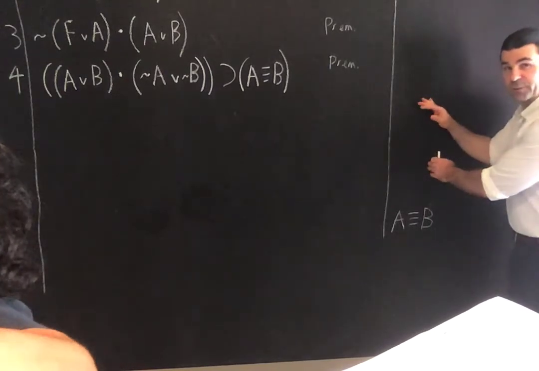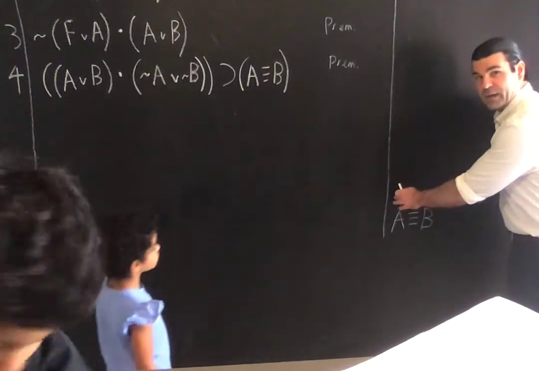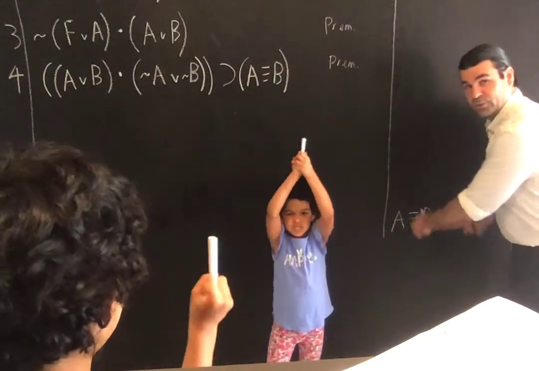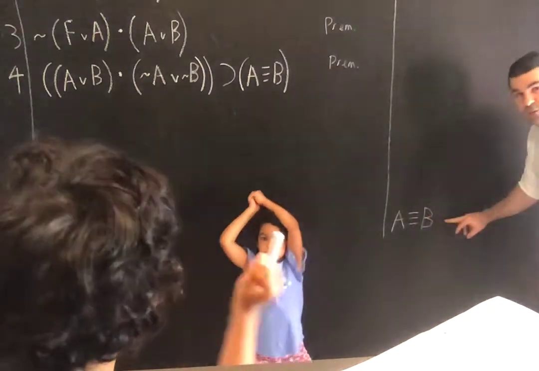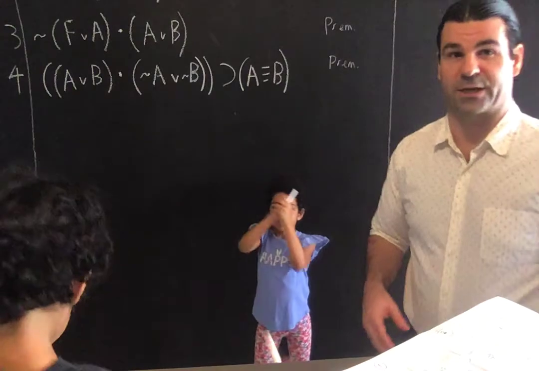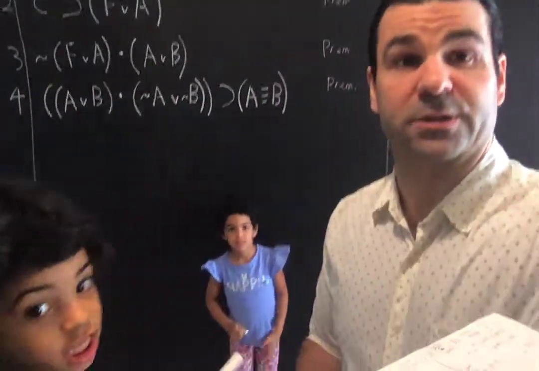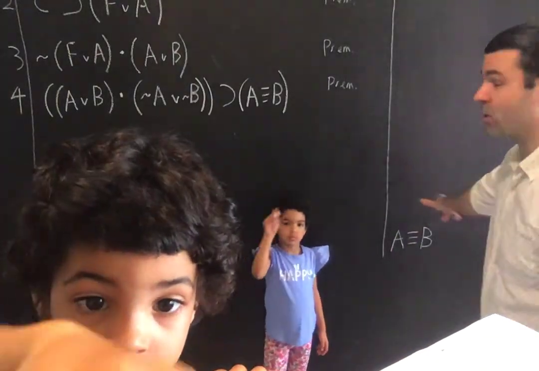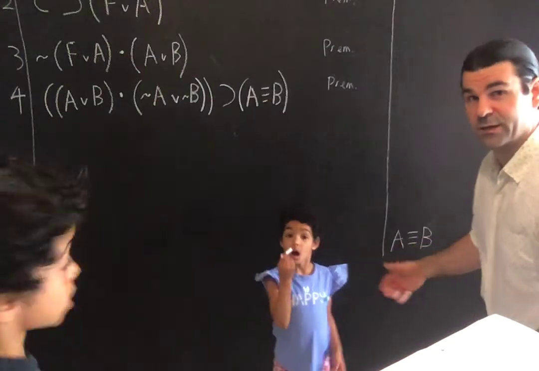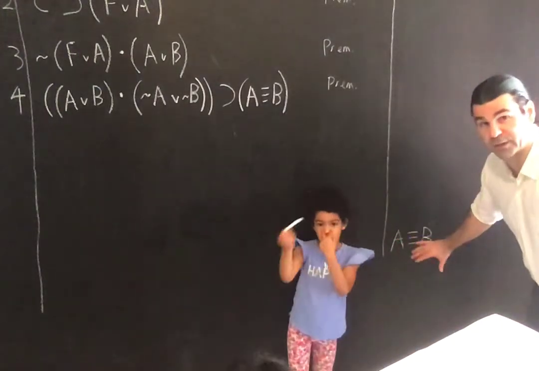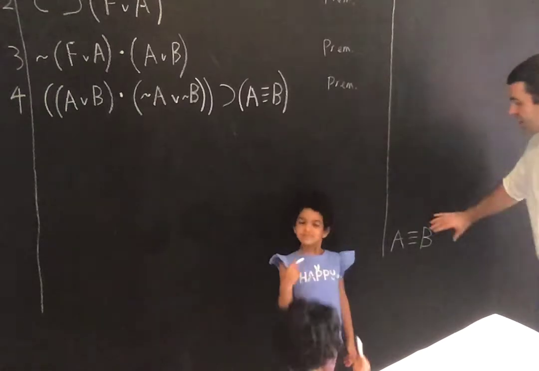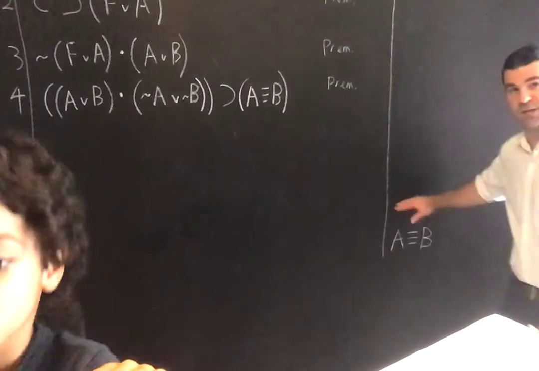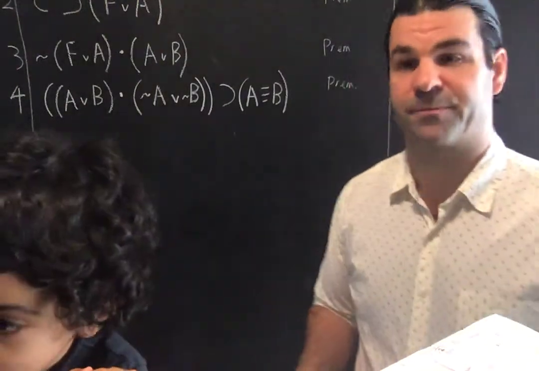Then I will conjoin them, A hook B dot B hook A, which is the right-hand side of the rule, and then I'll be able to infer this by biconditional exchange. So whenever you see biconditionals, you ask, does that biconditional as a whole appear amongst the premises, as it does here, which means I'm going to get this not by biconditional exchange, but rather by modus ponens. But if that's not the case, working backwards, I need to get the 2 conditionals by themselves, and so on.